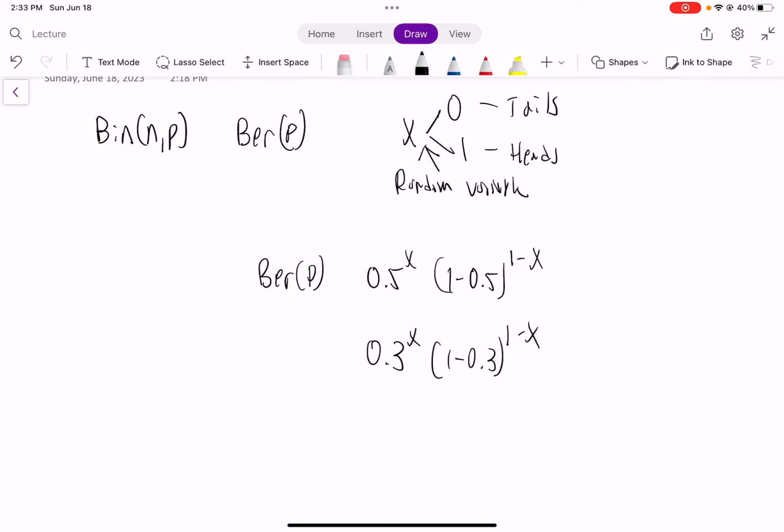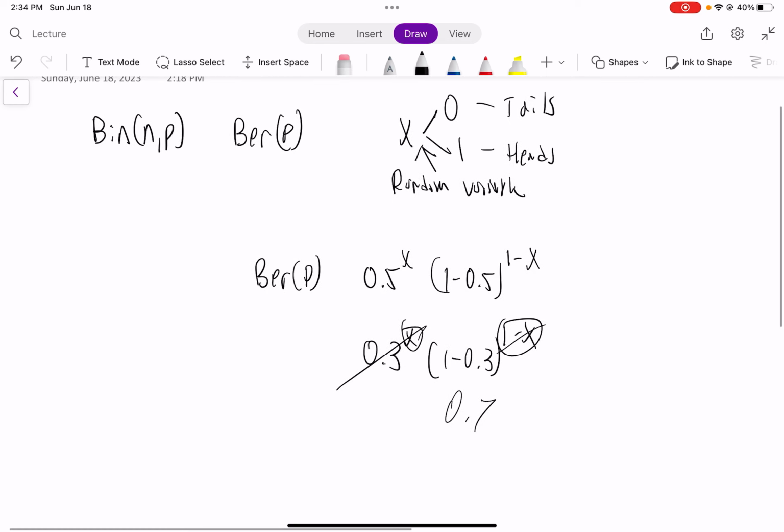So p, 30% probability of getting heads, multiplied by the probability of getting tails, which is 1 minus 30%. And notice the exponents. If this is 0, this is canceled out. This is just 1. Then this becomes 1, and this is 0.7 here. But if this is 1, this cancels out to be 0, which turns this into 1, and this is 0.3.